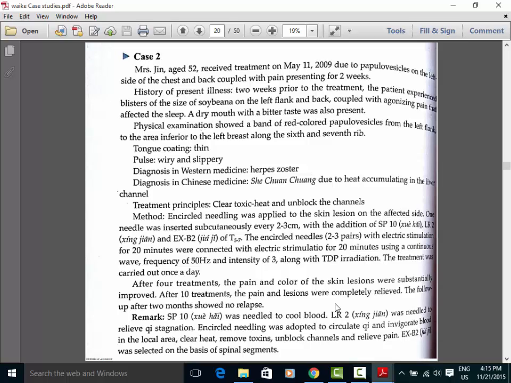Question: when we write toxic heat, does that mean we heat the blood level? Not always. There are two different categories of treatment. One is to cool the blood or clear heat from the blood, and one is to clear toxic heat. There's a category of herbs used for cancers and other severe infections that we deem toxic heat.